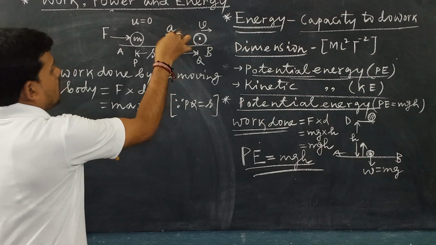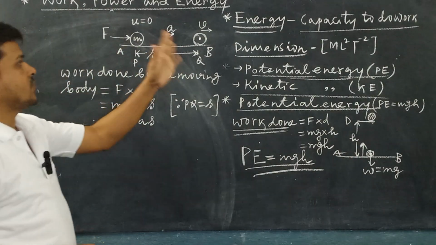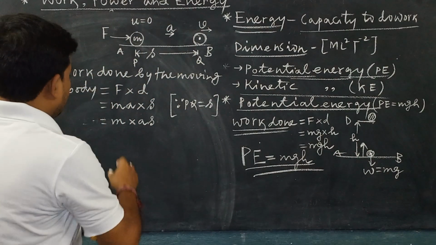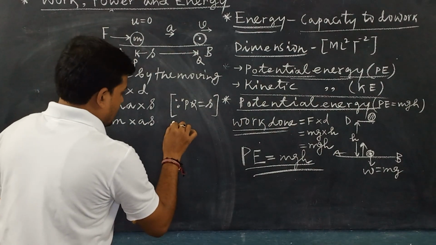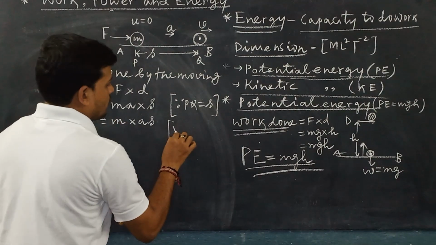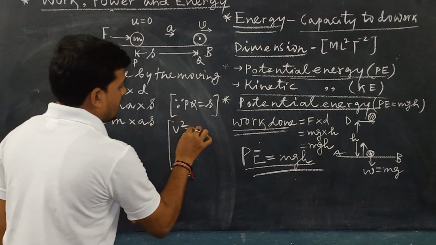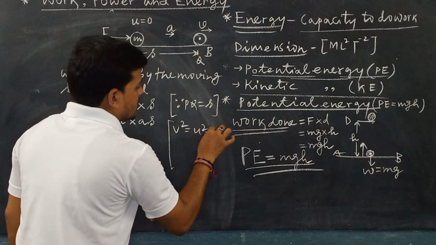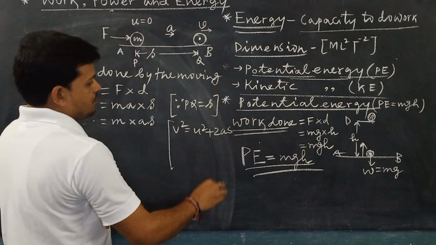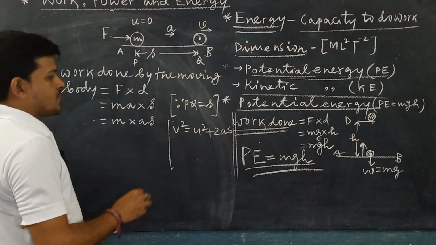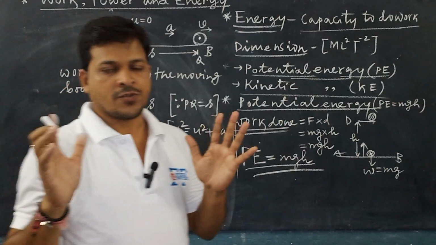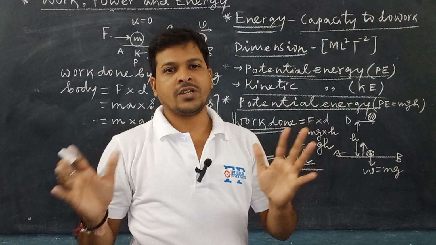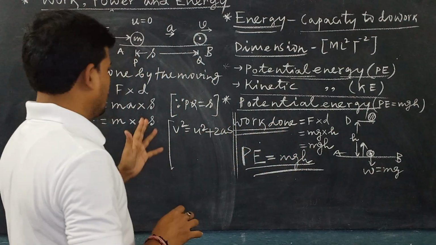As the body is pushed in this direction, the work done will be m into a into s, where a is the acceleration. In another relation, we use v square equal to u square plus 2as, where the body undergoes a displacement and the velocity of the body changes with respect to this displacement.